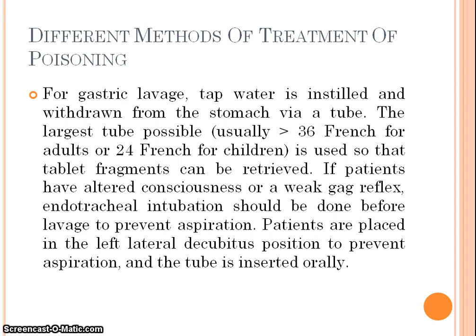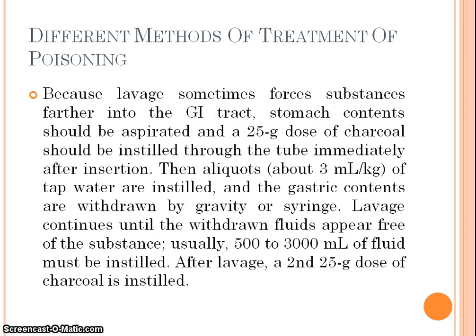Patients are placed in a left lateral decubitus position to prevent aspiration and the tube is inserted orally. Because lavage sometimes forces substances further into the GI tract, stomach contents should be aspirated and a 25-gram dose of charcoal should be instilled through the tube immediately after insertion.